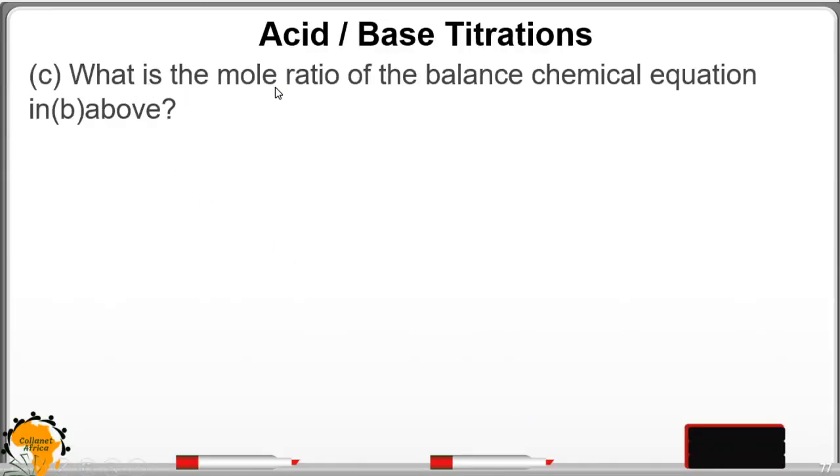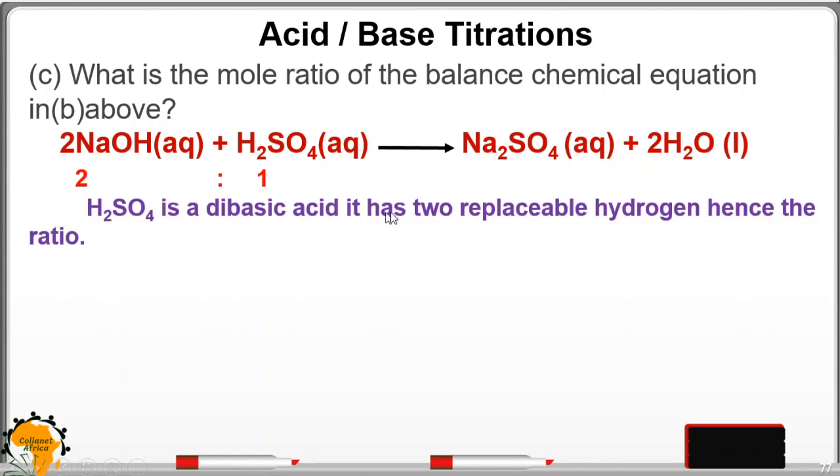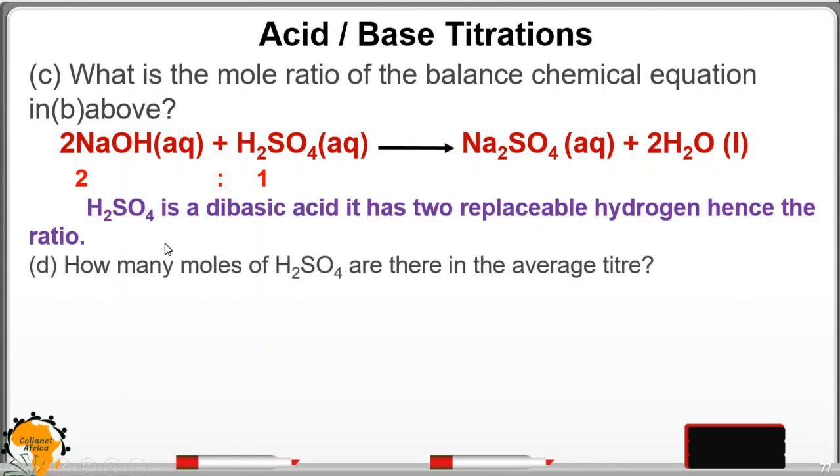What is the mole ratio of the balanced chemical equation in B above? The reaction ratio or the mole ratio is 2:1. It's a dibasic acid. How many moles of sulfuric acid are there in the average titer?